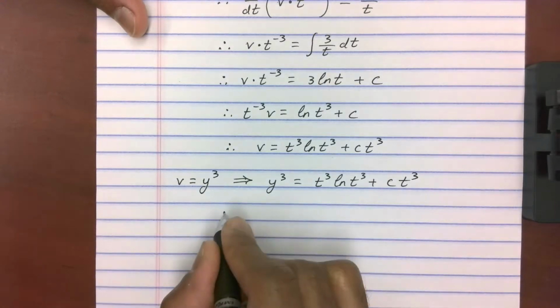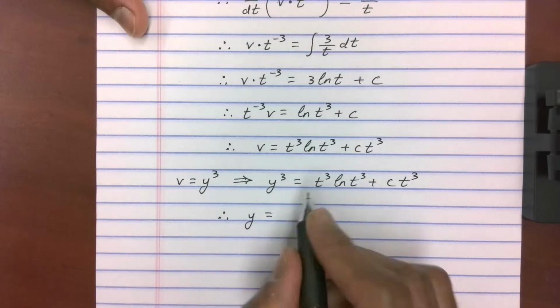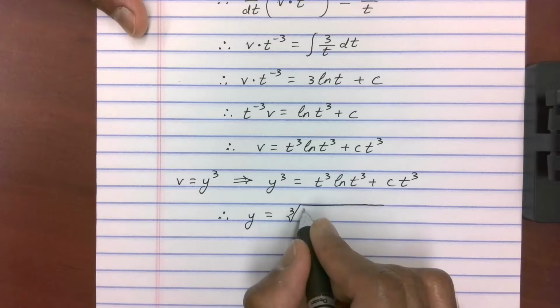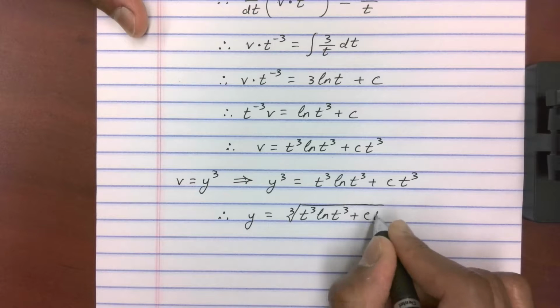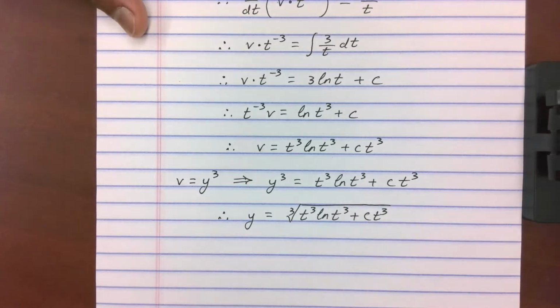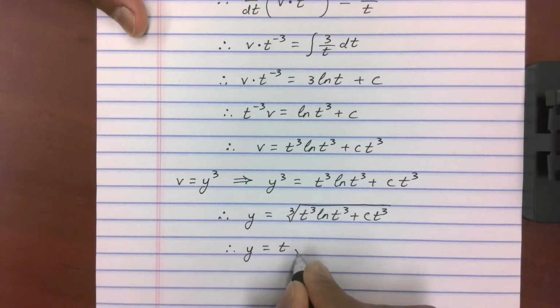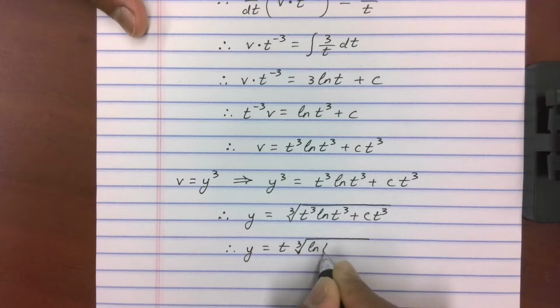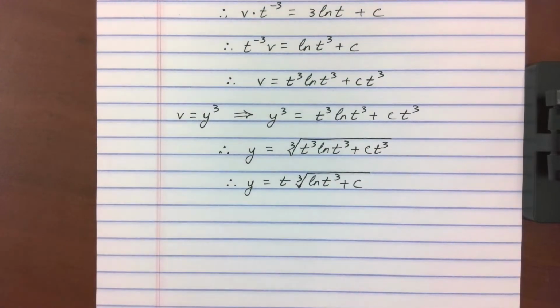And so therefore, y is the cube root of t cubed natural log of t cubed plus c t cubed, which simplifies further to t times the cube root of natural log of t cubed plus c. And so this is a general solution to the given differential equation.